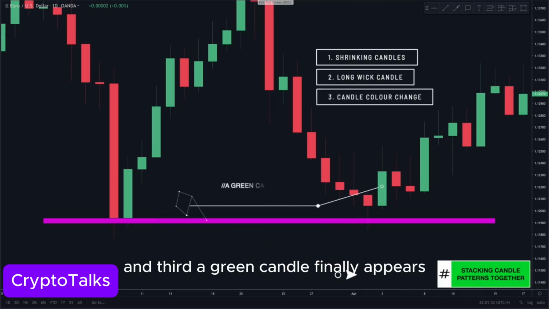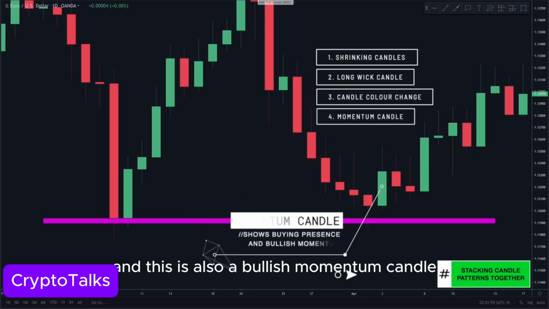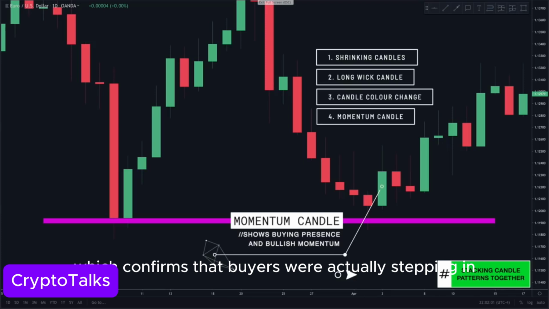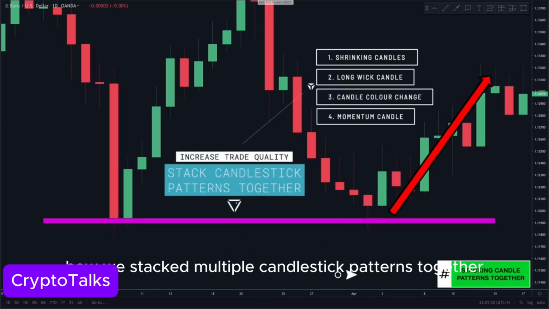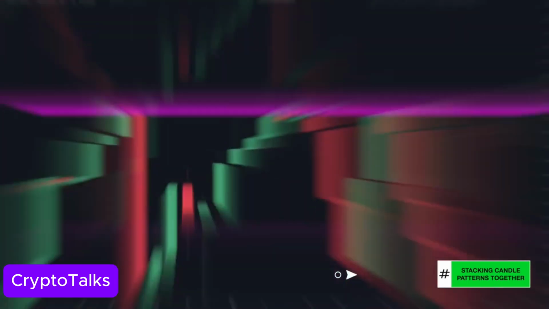And third, a green candle finally appears after consecutive red candles. And this is also a bullish momentum candle. Again, notice this stacking to improve trade quality.